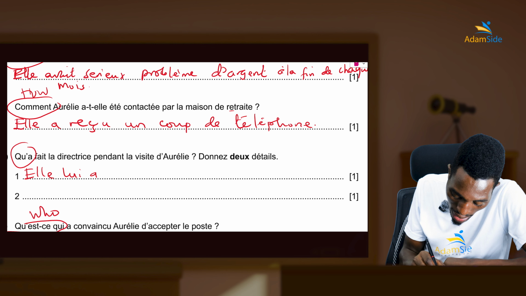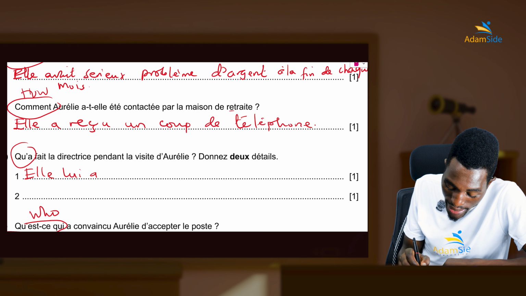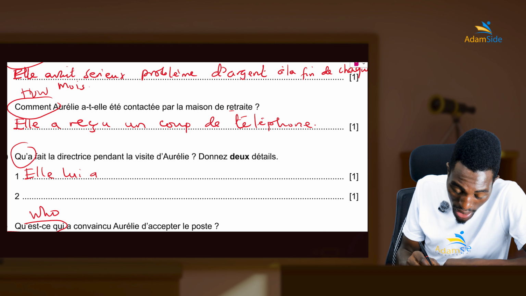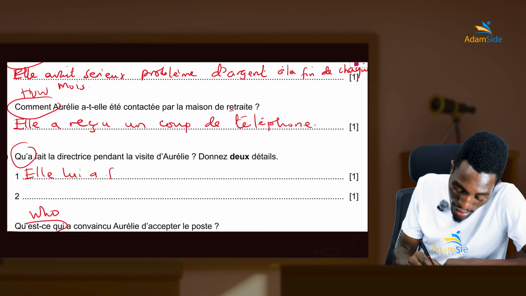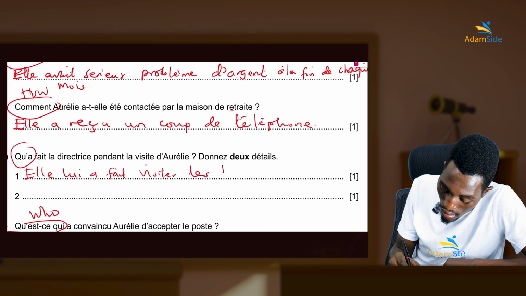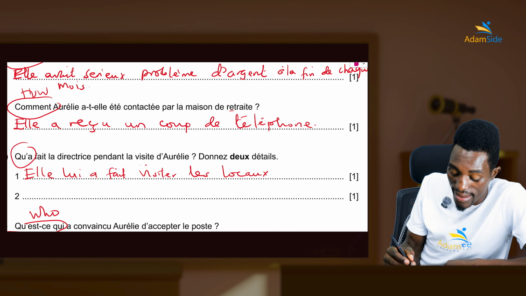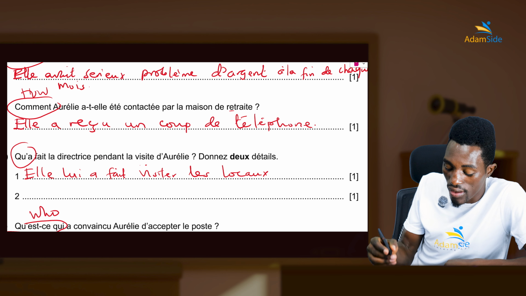Elle lui a fait visiter les locaux. La L is for la directrice, lui is for Aurélie. Elle lui a fait visiter les locaux. So she showed her around to see the people who were there.